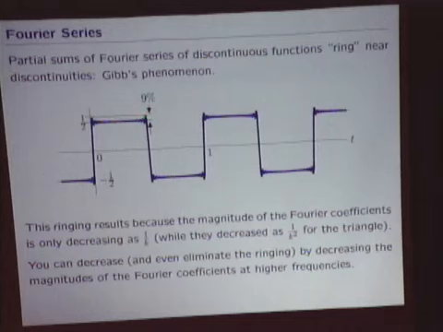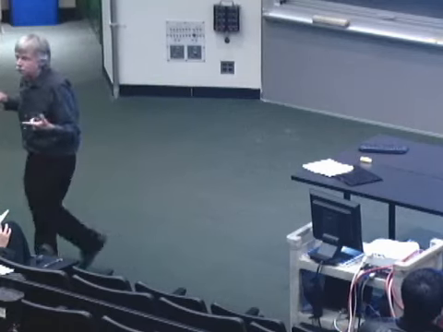Even in the limit, no matter how many terms you put into the sum, the worst case deviation is about 9%. You can't get rid of it. So in some sense, Lagrange is right. You can't put enough terms in there so that it converges everywhere.